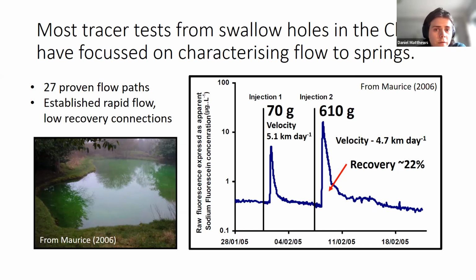And so, yeah, the average flow velocity over the 27 proven flow paths is 4.8 kilometres a day. And just to reiterate, this is fast in groundwater, and for comparison, the straight line velocity in a trace test in the Sherwood sandstone in the north of England, from one borehole to another, was about 3 metres a day.